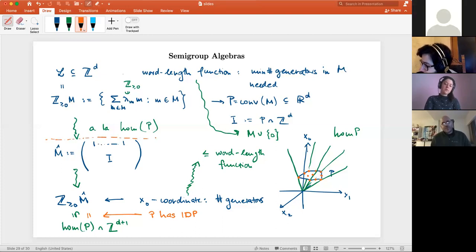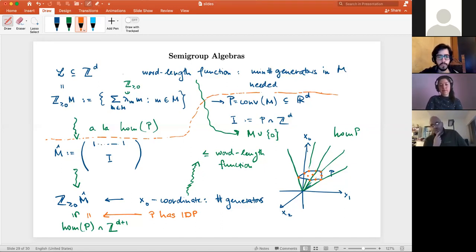So you start with a polytope, you look at all the integer points inside, and now you're generating a semigroup with those points, one dimension higher. That semigroup sits inside another semigroup, namely the semigroup of all integer points in Helm of P. If those two are the same, then we say that P is IDP, has the integer decomposition property.